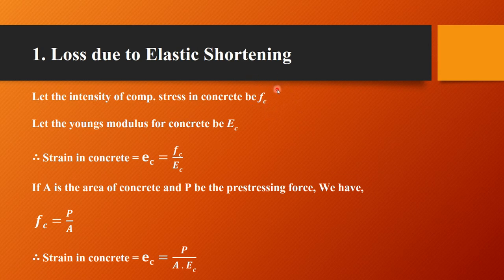If we know the grade of concrete, we are able to find the Young's modulus of concrete, Ec. We can calculate it with the help of IS 456-2000, that is 5700 root fck. By using this relation, you will be able to calculate the Young's modulus of concrete.